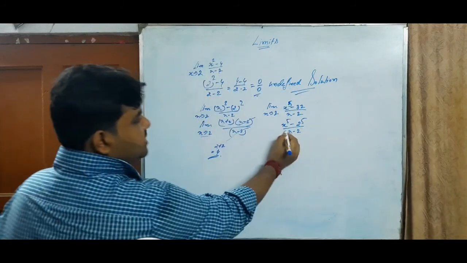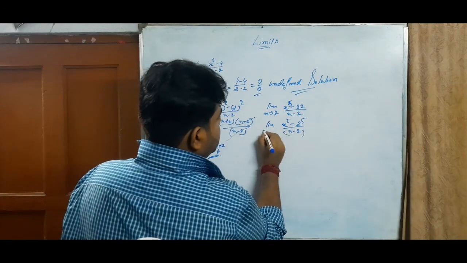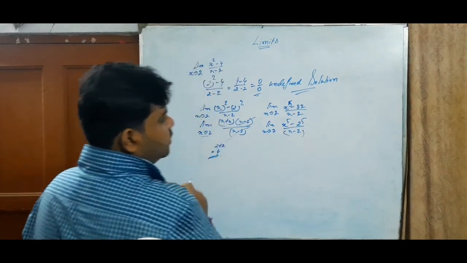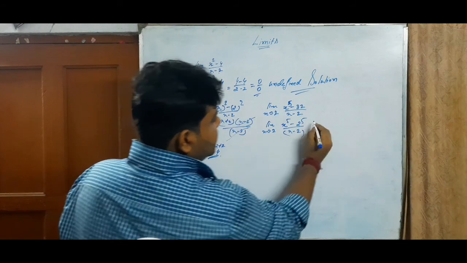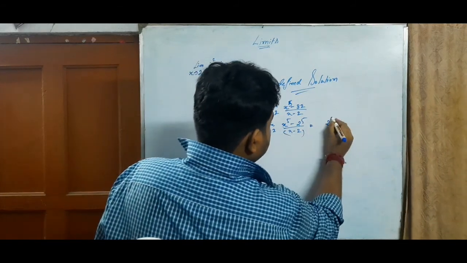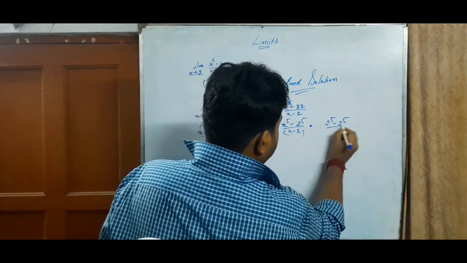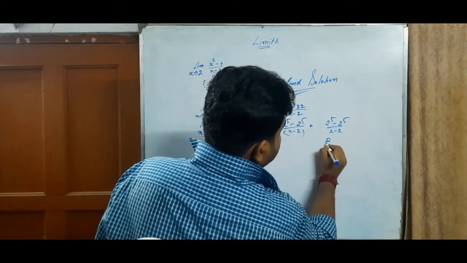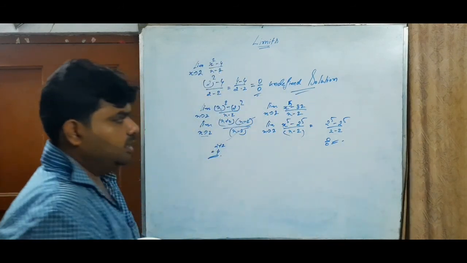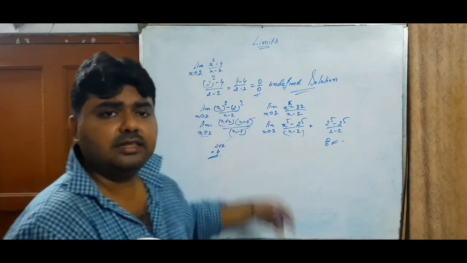So we can't cancel this x minus 2, and if we put the value, that is 2 to the power 5 minus 2 to the power 5 by 2 minus 2, that is 0 by 0, again undefined, so we can't cancel this.